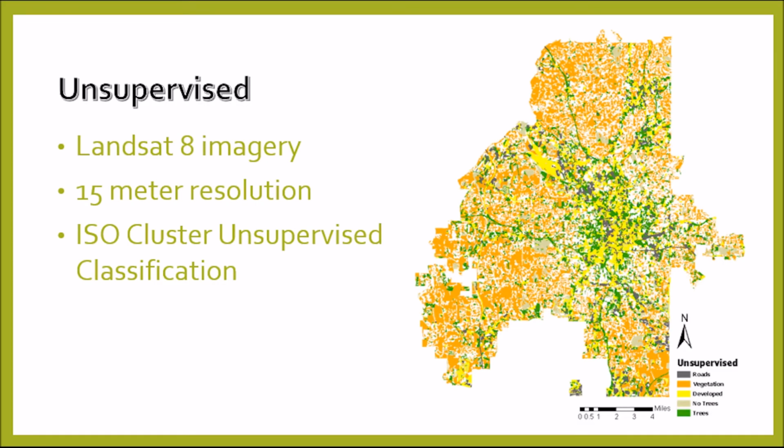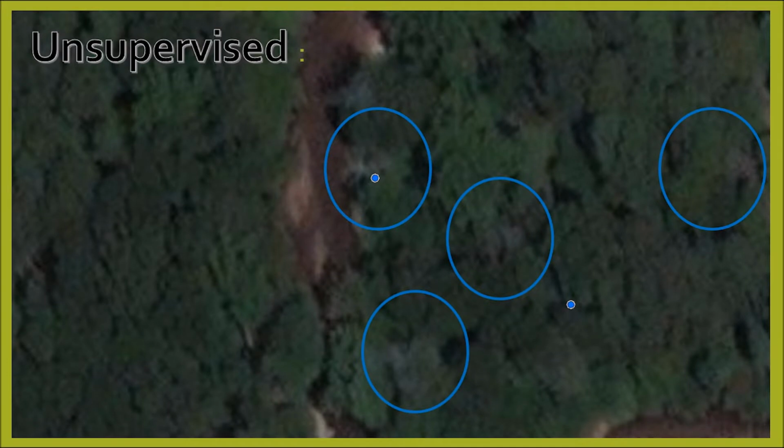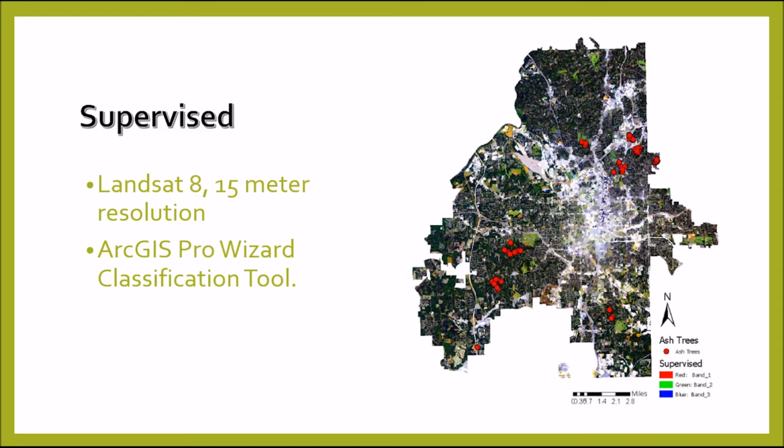For the unsupervised map, I used the ISO Cluster Unsupervised Classification tool, where sample points are assigned to clusters that are similar. And even though I was able to give Landsat 8 higher resolution, the unsupervised method remained inconclusive. For the supervised map, I used the Landsat 8 15 meter resolution again.